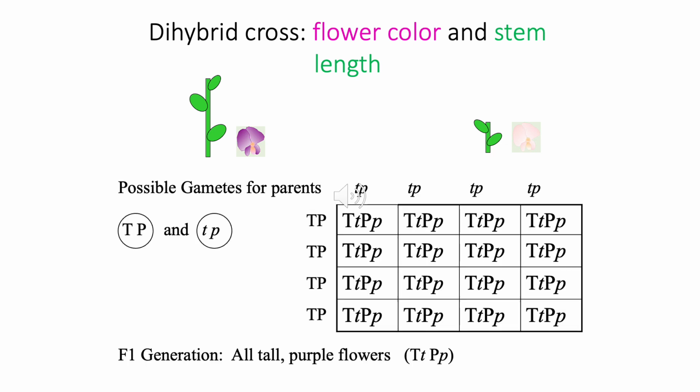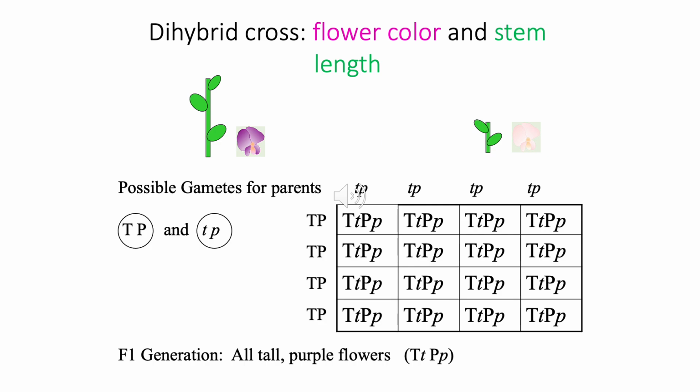So here is the dihybrid cross between flower color and stem length. The possible gametes for the parents: homozygous dominant for purple and tall is crossed with homozygous recessive, which is white and a dwarf plant.